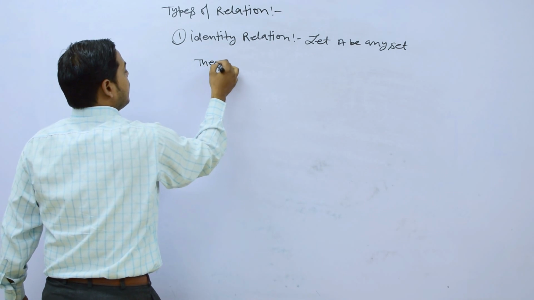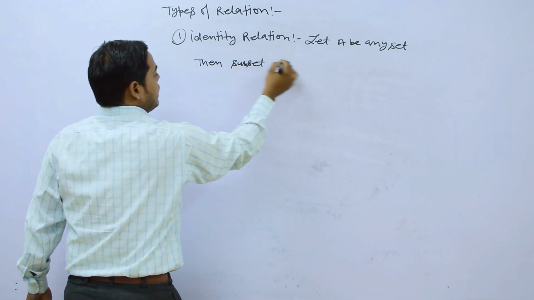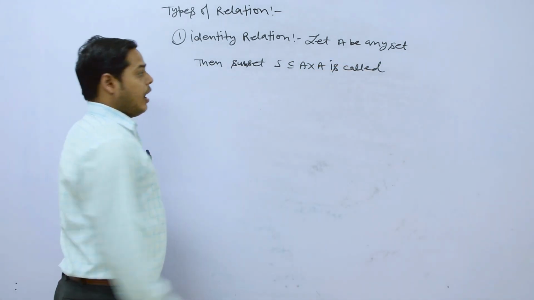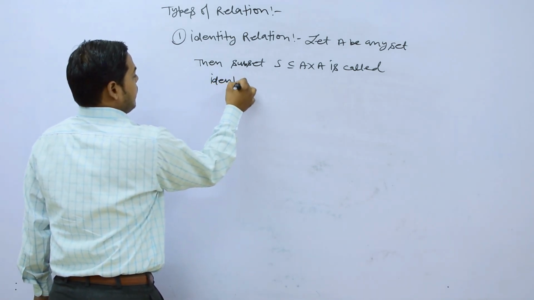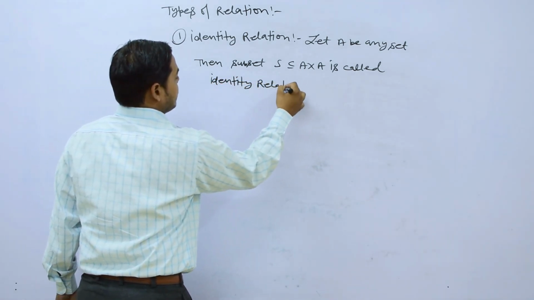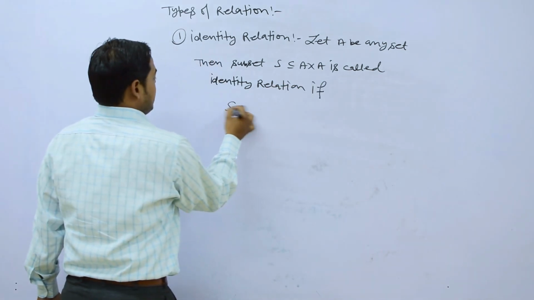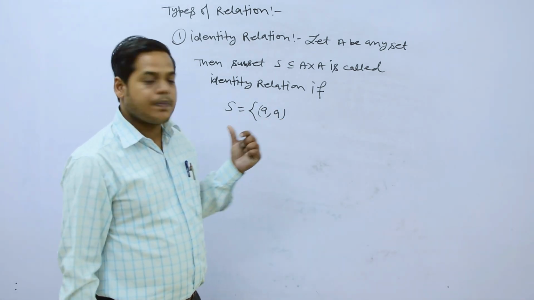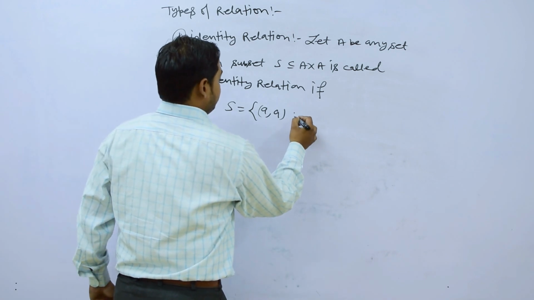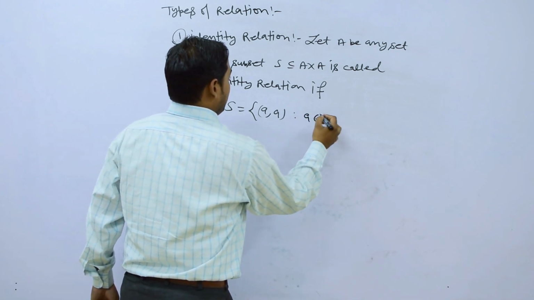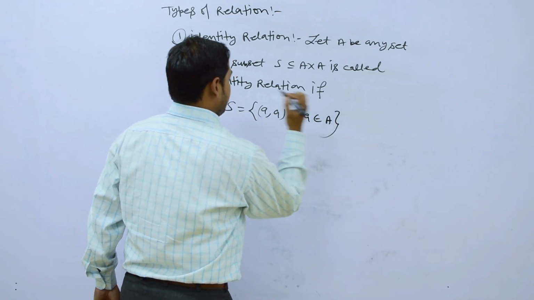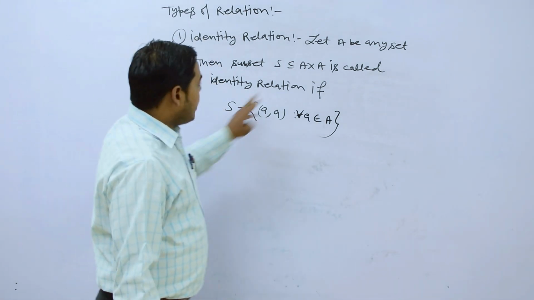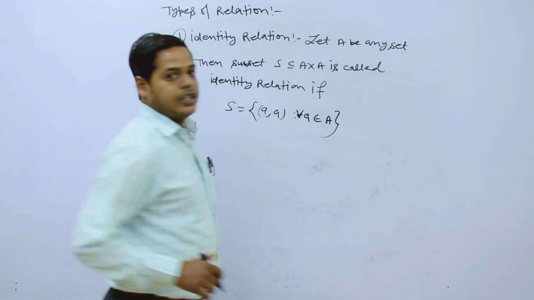Then a subset S of A cross A is called an identity relation if S equals the collection of all ordered pairs of the type (a, a), for all a belonging to A. Then the subset S of A cross A is called identity relation.